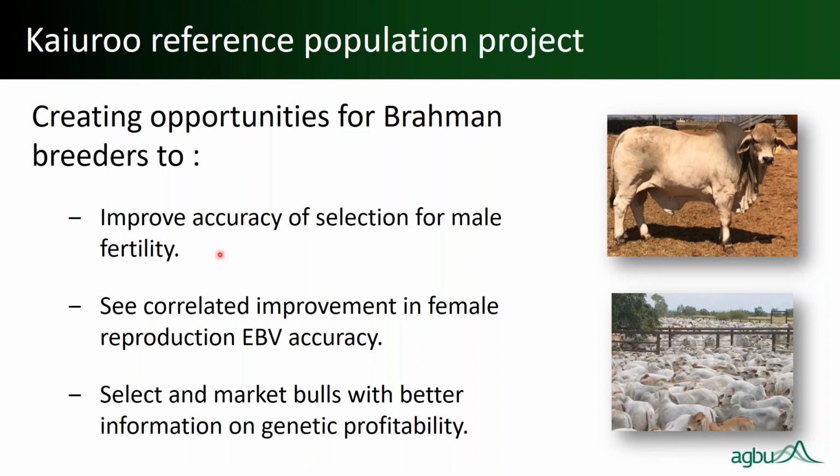And it creates opportunities for our breeders to make more accurate selection decisions on this really important male trait. And at least as importantly, it's a trait that is also descriptive of female reproduction. So it hits both of these really economically important aspects of productivity in the north, and allows breeders to make selection decisions in a more informed way.